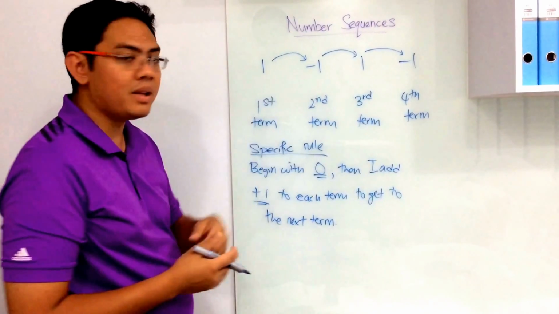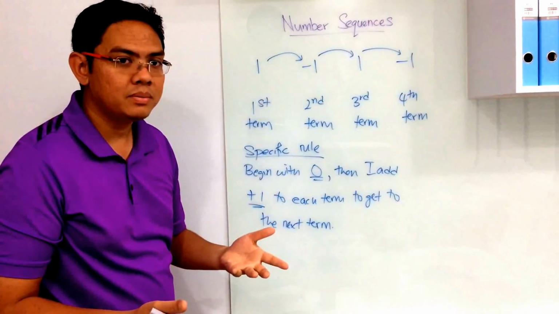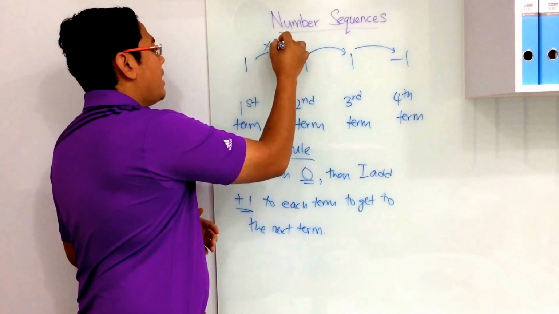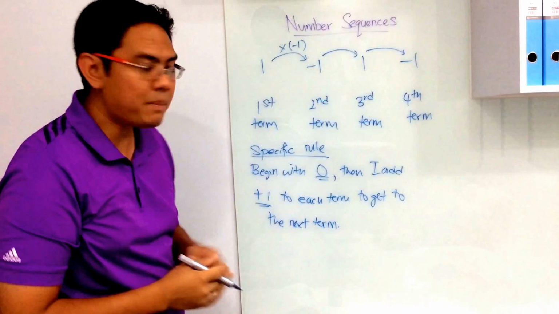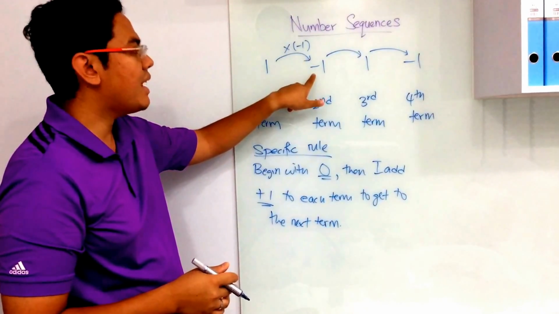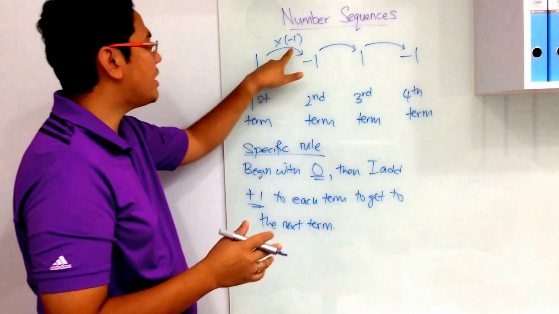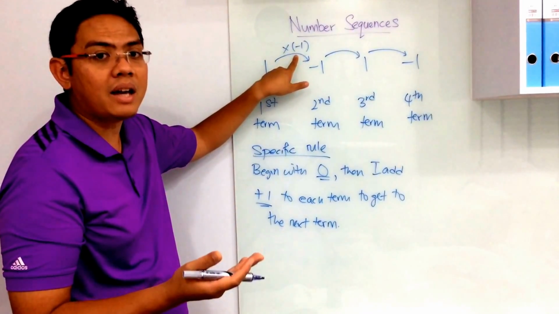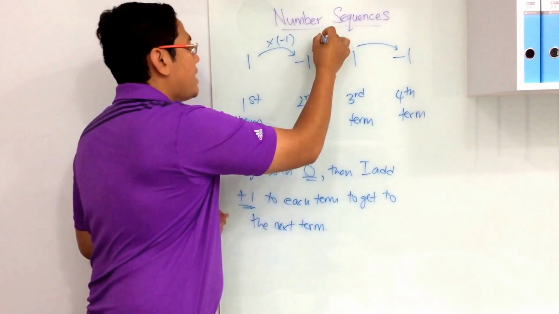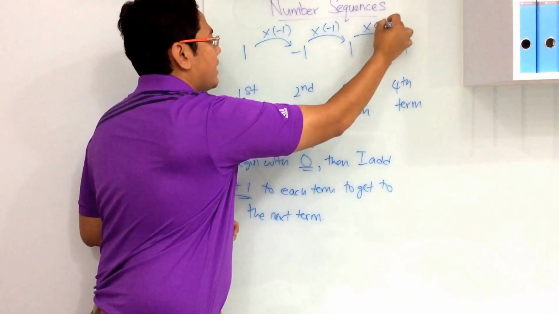In this example, from 1 to negative 1, what should I do? I multiply by negative 1, because 1 multiplied by negative 1 gives me negative 1. Similarly, once you get the first constant correctly done, it goes the same for every term. For the second term to the third term, again I multiply by negative 1.